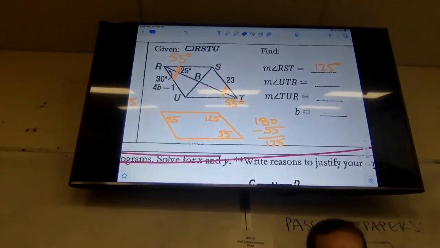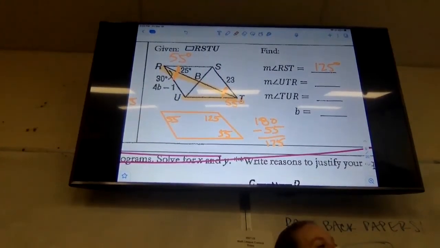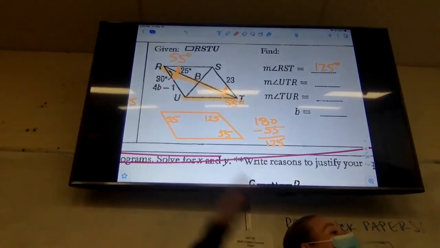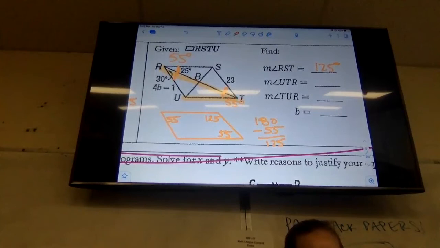All right, what about UTR? What's UTR going to be? That's the whole angle. I just want the little part that's UTR. 27. It's not bisected. I'm confused.